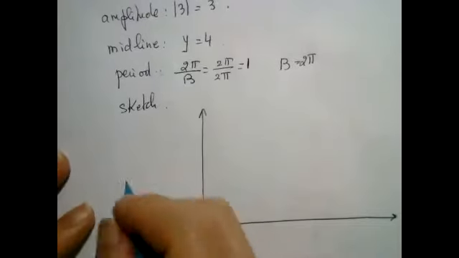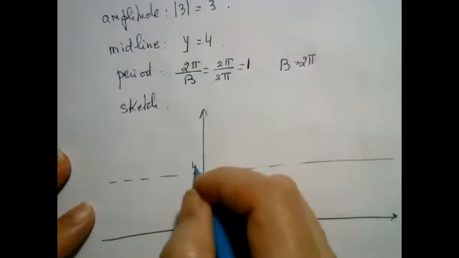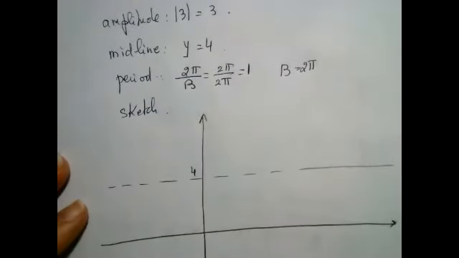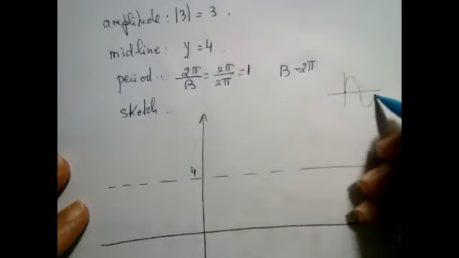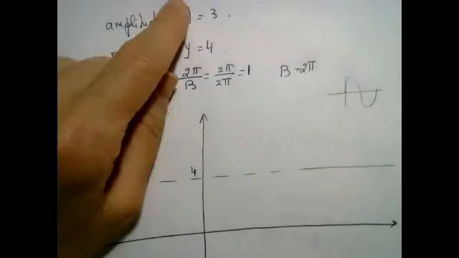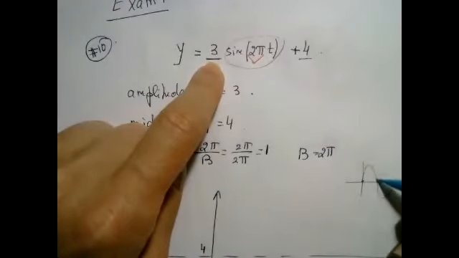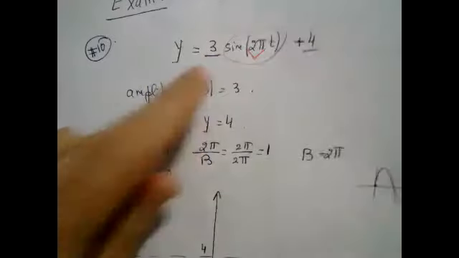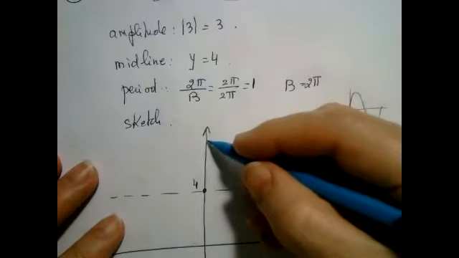So the way we're going to sketch, I first sketch the midline because it gives me an idea what's really happening. That's my midline. And we know it's like sine. The sine goes like that. It's positive because I have a positive number here, so it's not going to go this way. It's exactly like the sine, but stretched by 3. So we start from here at the midline, and we stretch by 3.